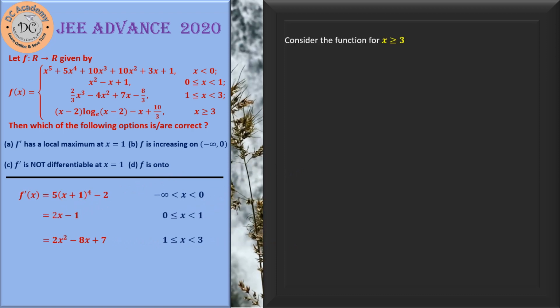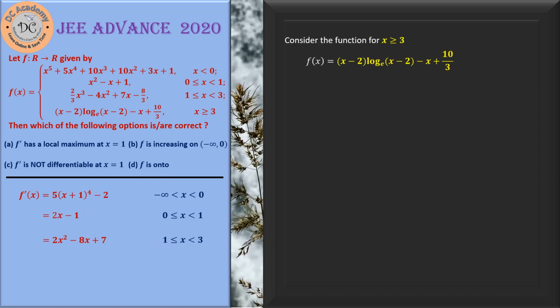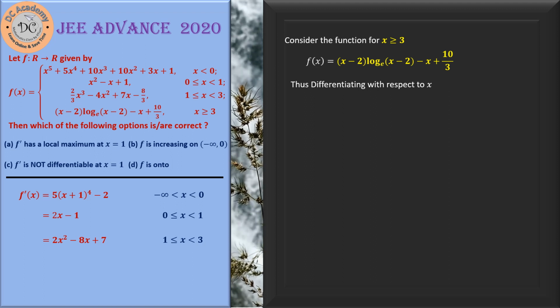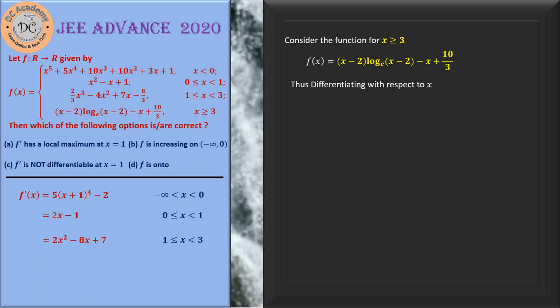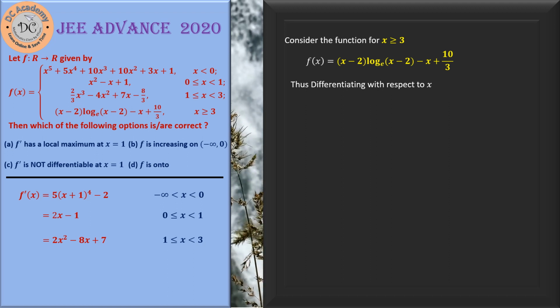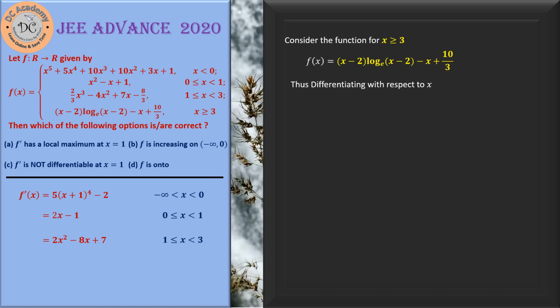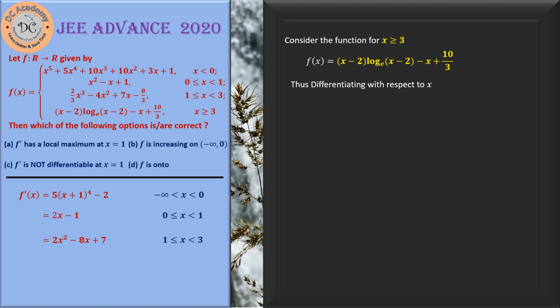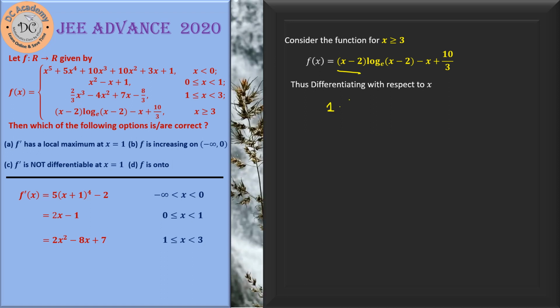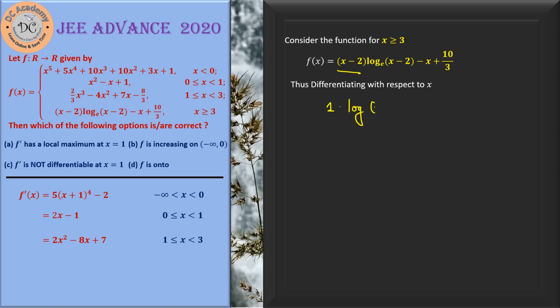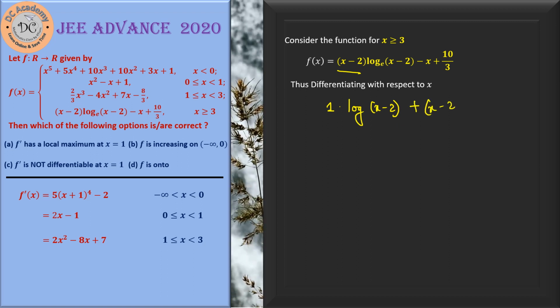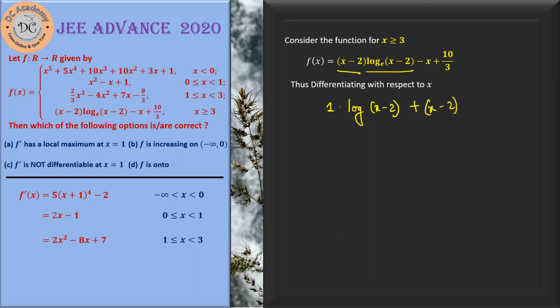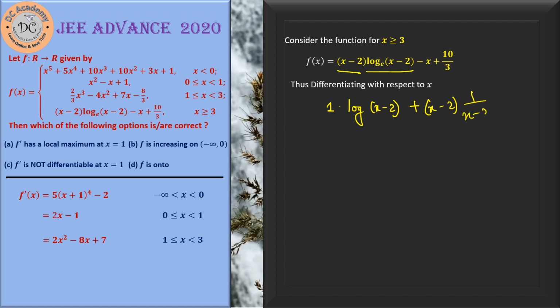Consider the definition of the function for x greater than or equal to 3, and now we have to differentiate. Now see that here two functions are multiplied, so we need to apply the UV method, the product rule. So if I write d/dx of (x minus 2) we get 1, into log of (x minus 2) as it is, plus (x minus 2) as it is, and the differentiation of log(x minus 2) is 1 by (x minus 2).